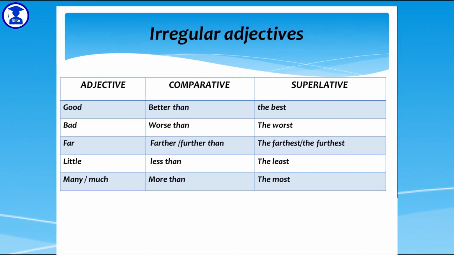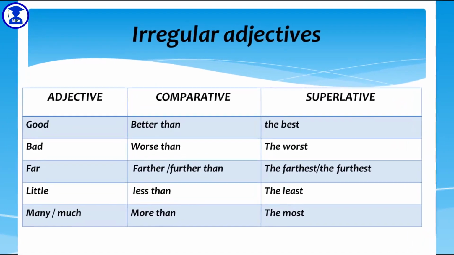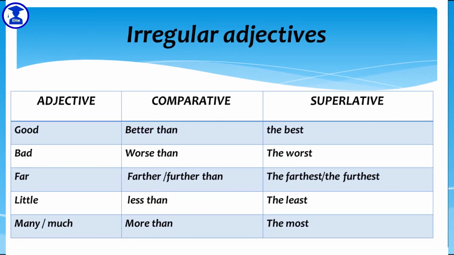Now let's move to the most important part in our lesson. Irregular adjectives. If I'm speaking about one person, I say this person is good. Comparing A to B, we must say A is better than B. And C is the best.